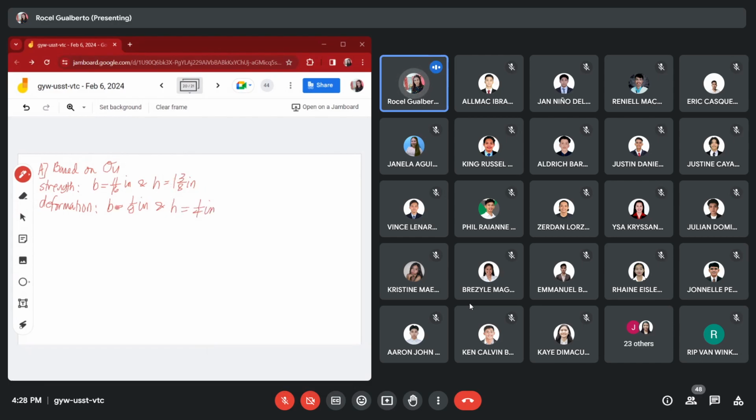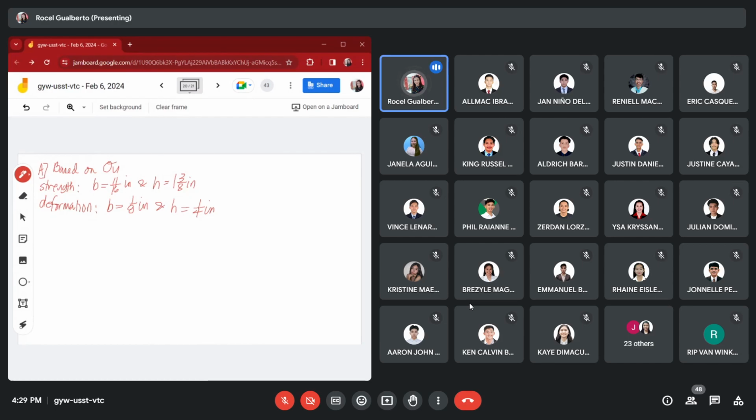So, ibig sabihin po, kung may deformation failure po siya at may strength failure po siya, i-compare po natin yung dalawa. Whichever is higher, yun po yung pipiliin natin. Ibig sabihin, that would satisfy both yung conditions, both yung failure profiles po na yun.